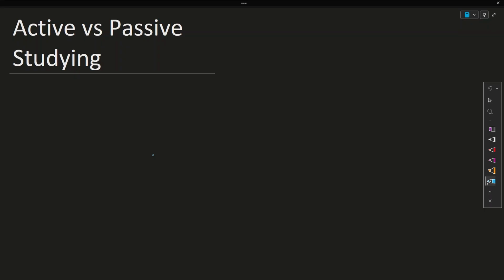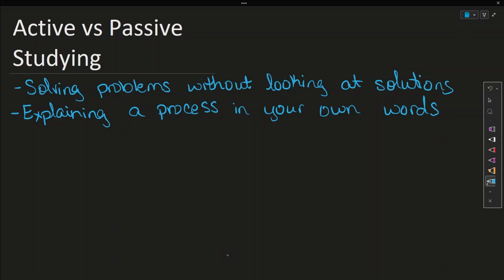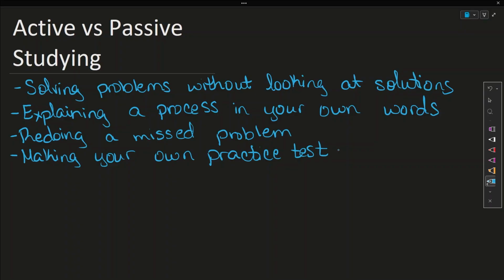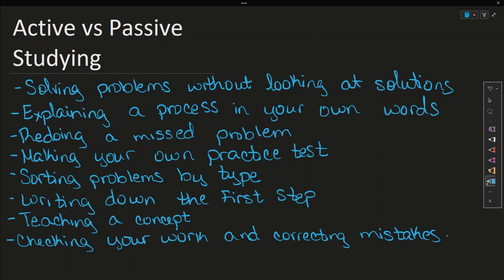In math, active studying might look like solving problems without looking at the solution, explaining a process in your own words, redoing a missed homework or quiz problem, making your own practice test or practice quiz, sorting problems by type, writing down the first step for different kinds of problems, teaching a concept to someone else, checking your work and correcting your mistakes, and asking a specific question about where you got stuck.